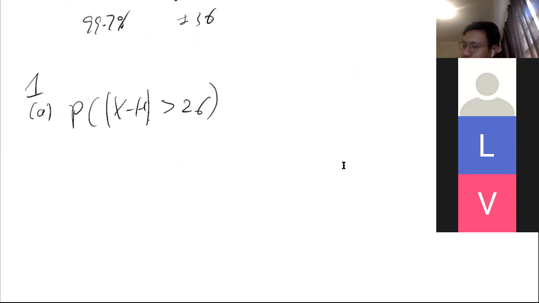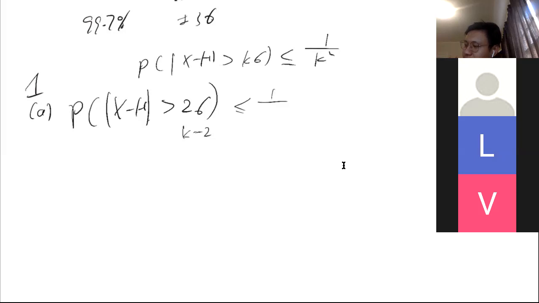Chebyshev states that the probability that |X minus mu| is greater than k sigma is less than or equal to 1 over k squared. In this case, k is equal to 2, so this is less than or equal to 1 over 4.